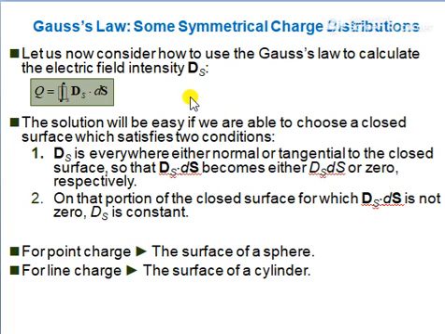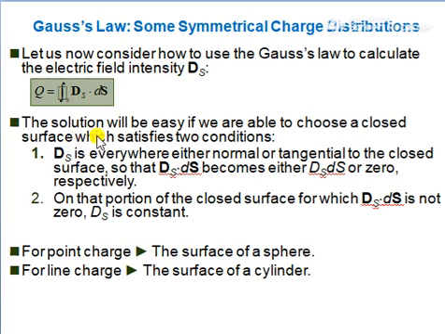Gauss law is also used to find the charge enclosed or the flux passing through the closed surface. So now let us consider how to use Gauss law to calculate electric flux density D. Therefore Q is equal to the integration over a closed surface of D dot dS.